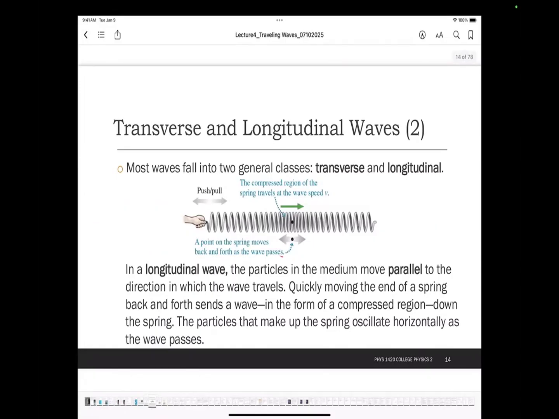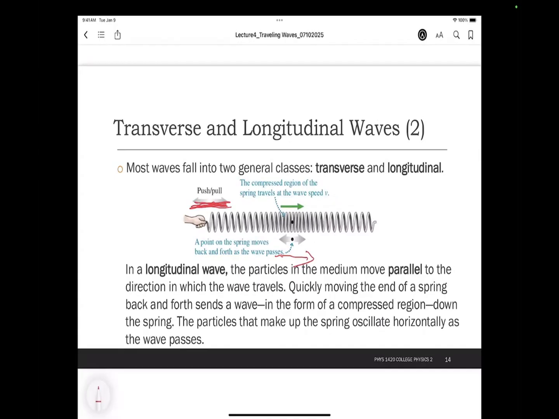You can see here, this is the direction the wave travels, and the particles in the medium move parallel. It's just like a push and pull on a spring, which makes the particles in the medium move parallel to the direction in which the wave travels. So we call this kind of wave a longitudinal wave.